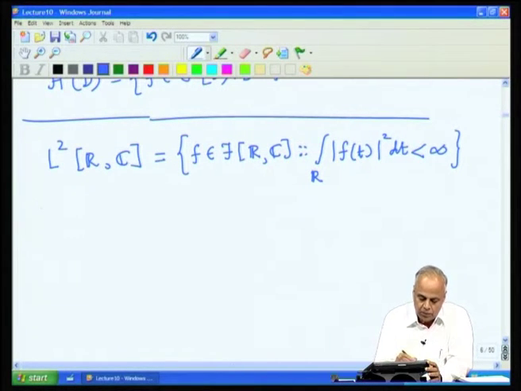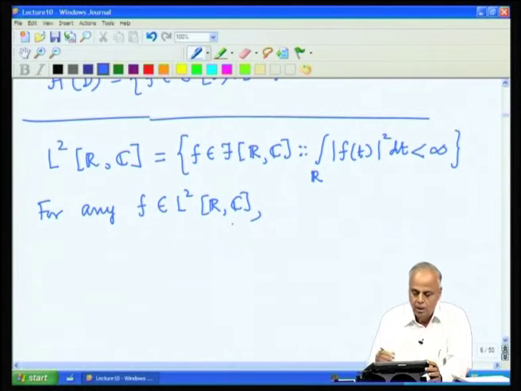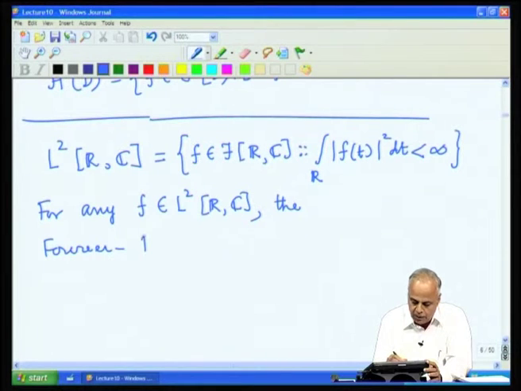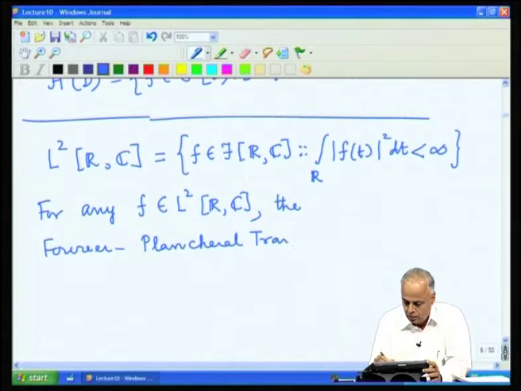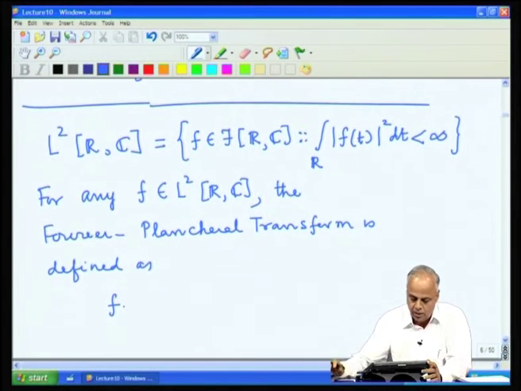Now, look at all these functions. For any f in L2(R,C), the Fourier transform, actually it should be called the Fourier Plancherel transform, is defined as, we denote the Fourier Plancherel transform by f hat.